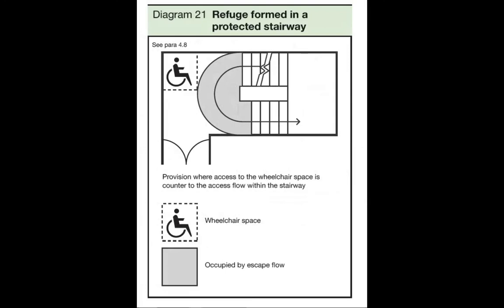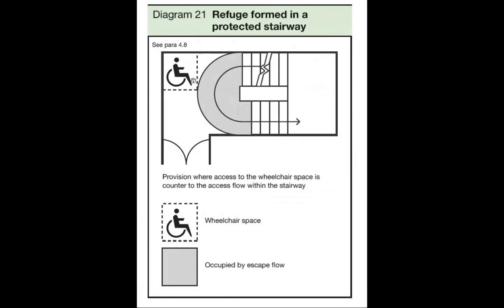There are, but they're in the lift lobby. Generally, we don't use lifts for escape. You can get a firefighting lift, you can get evacuation lifts, but normally you just don't use lifts for escape. So what it means is you've got to design in at least one refuge in each escape stair.